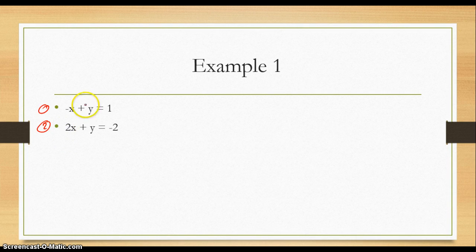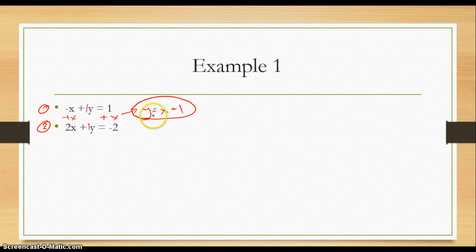Okay, so both of these y's have a coefficient of 1. So I would leave y here and I'd solve for y. So I'd add the x over here. So in this equation I have y equals x plus 1. So now what rule 2 says is you found this, and now you're going to plug in what you found.